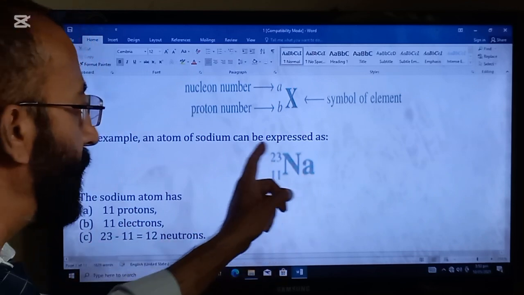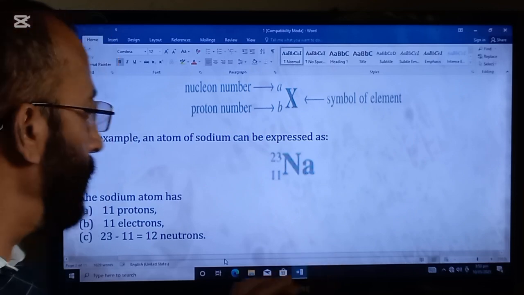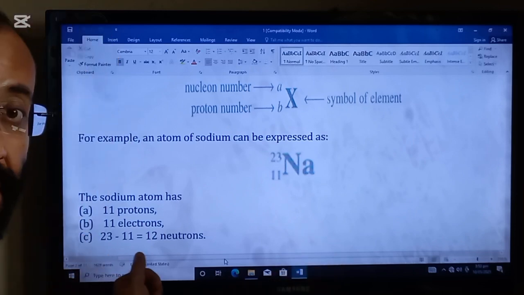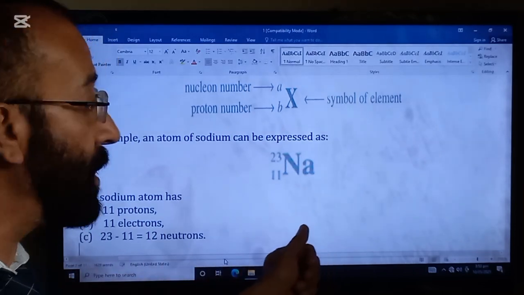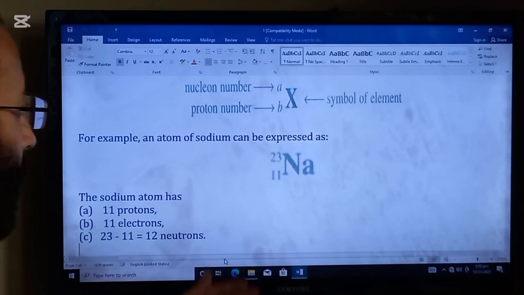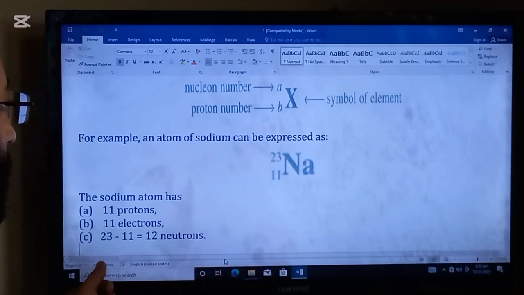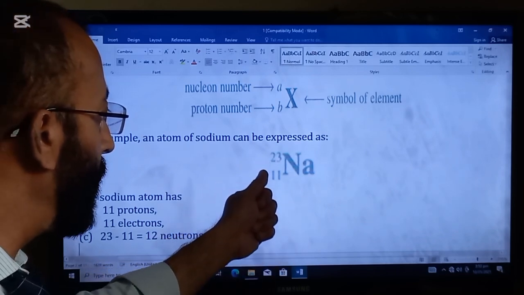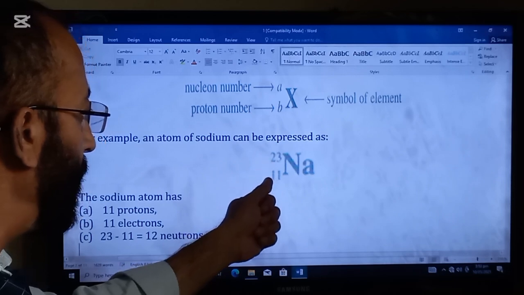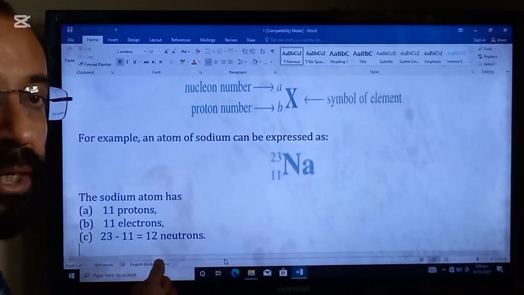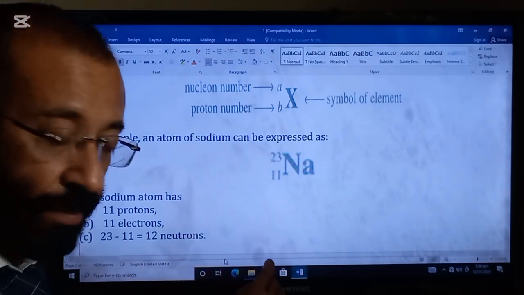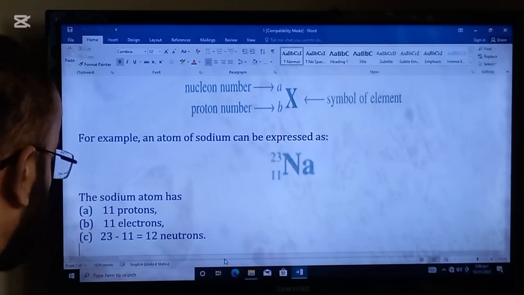Because this is electrically neutral, that's why there are 11 electrons as well. And the number of the neutrons is equal to nucleon number minus proton number. So 23 minus 11 is equal to 12 is the number of the neutrons.